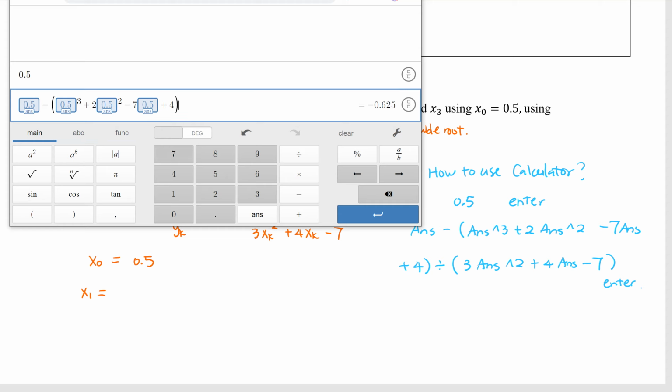I have to use the parentheses at the bottom, okay?